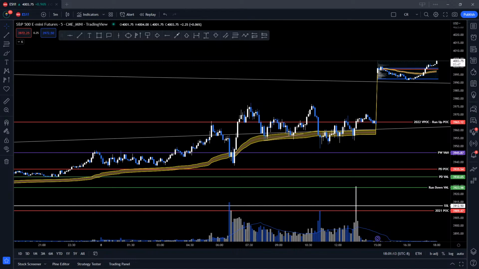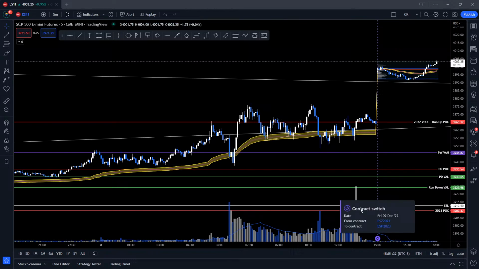So it is moving up, but I'm not really sure how to deal with this as far as charting. This might be a little bit confusing for some people. It's confusing for me. But basically, today was the rollover date, you can see it down here, contract switch from ESZ 2022 to ESH 2023.